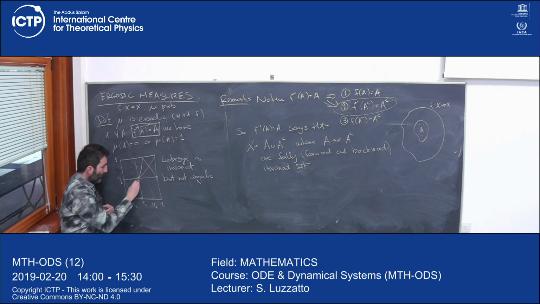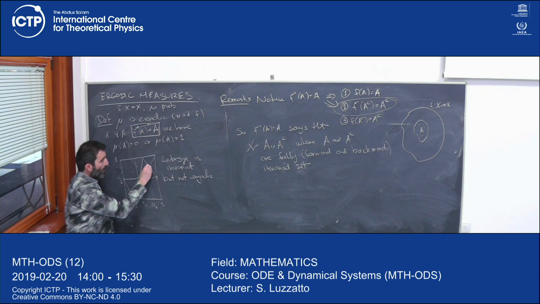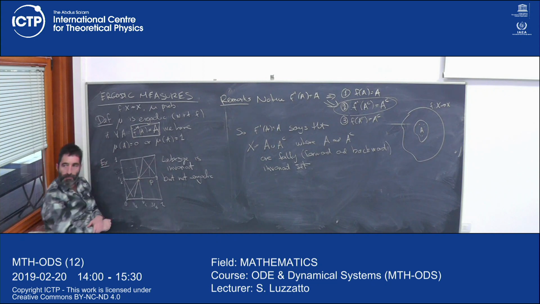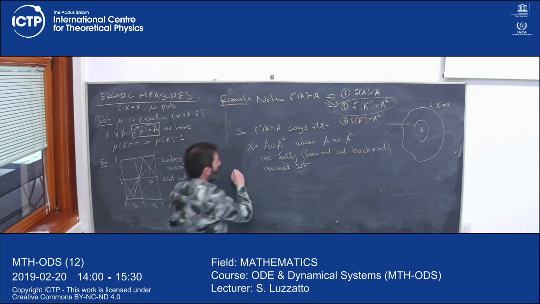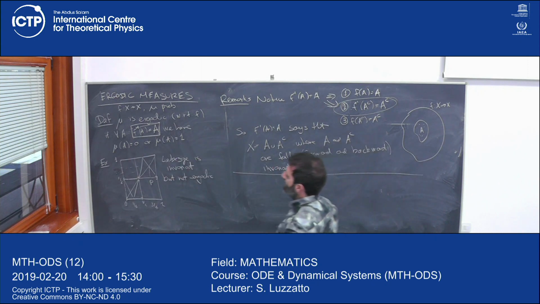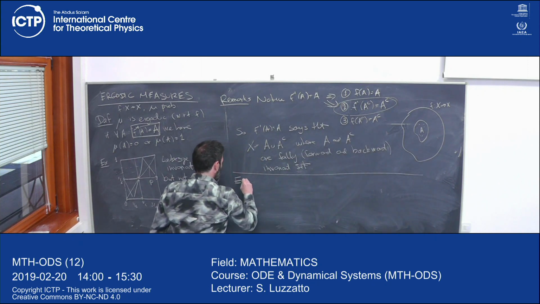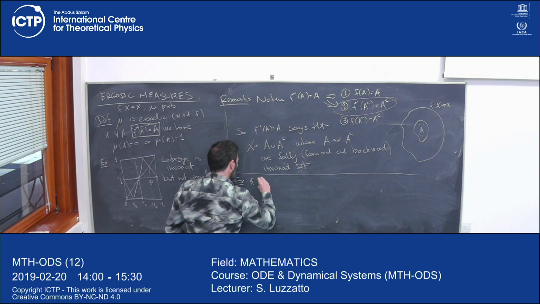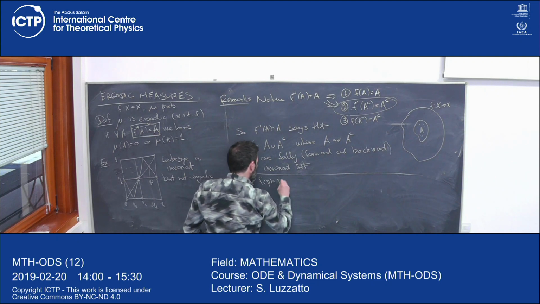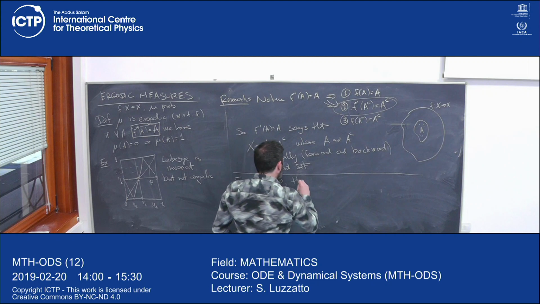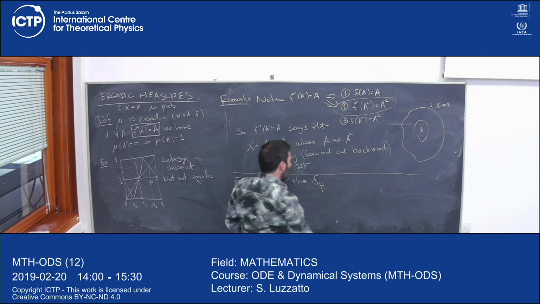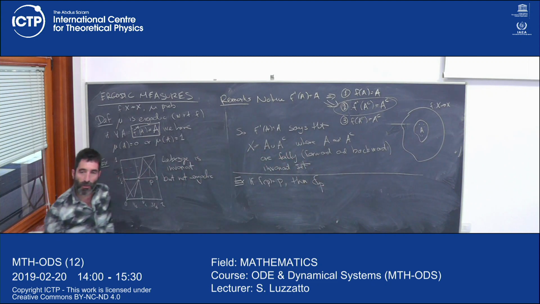For example, here there's a fixed point, right? And so we can define the Dirac delta on the fixed point. So, for example, if f of p equals p, okay, then is the Dirac delta on p ergodic or not ergodic?